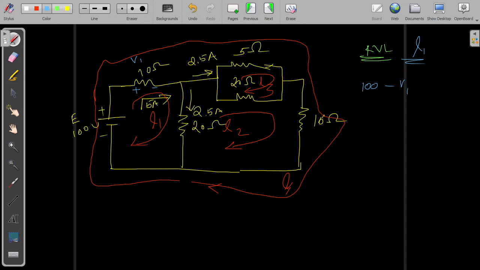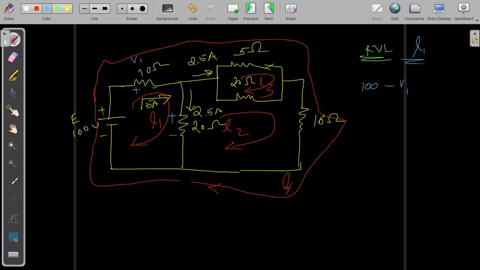I will meet this 20 ohm resistance, and through this 20 ohm resistance I have 2.5 ampere current from up to down. So from higher potential to lower potential, the sign will be plus minus in this manner.